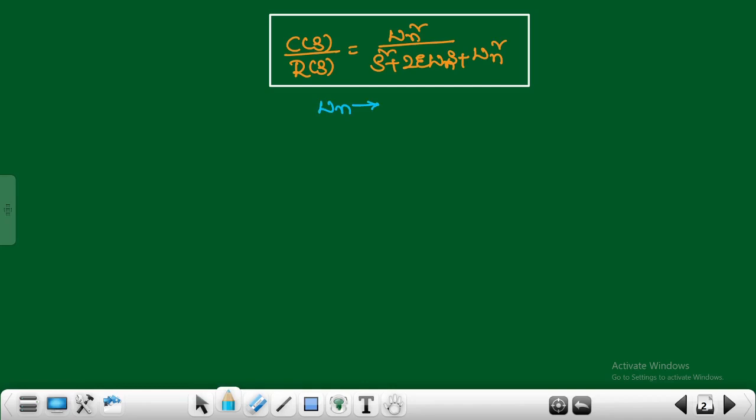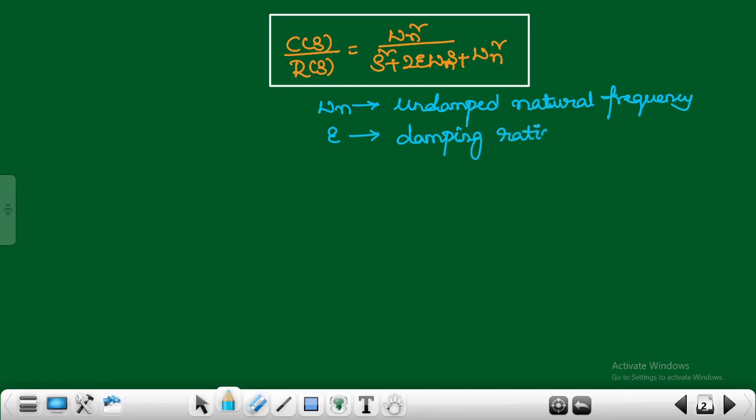Omega n is known as undamped natural frequency, and zeta is known as damping ratio, or it may also be called as damping factor. So these are the two important new terms what we are used in the second order system.